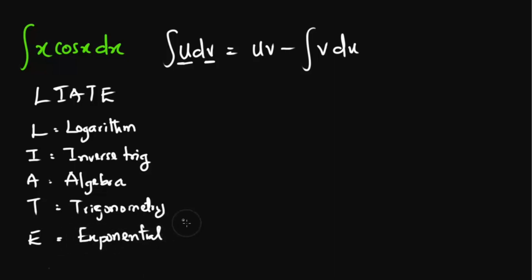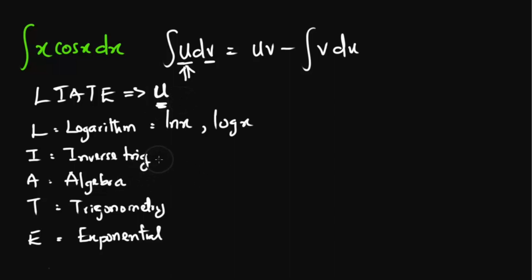Okay, so for logarithm, if we have in our question say ln x or log x, that is going to take the priority for u. Okay, this formula is selecting what function is going to be u.